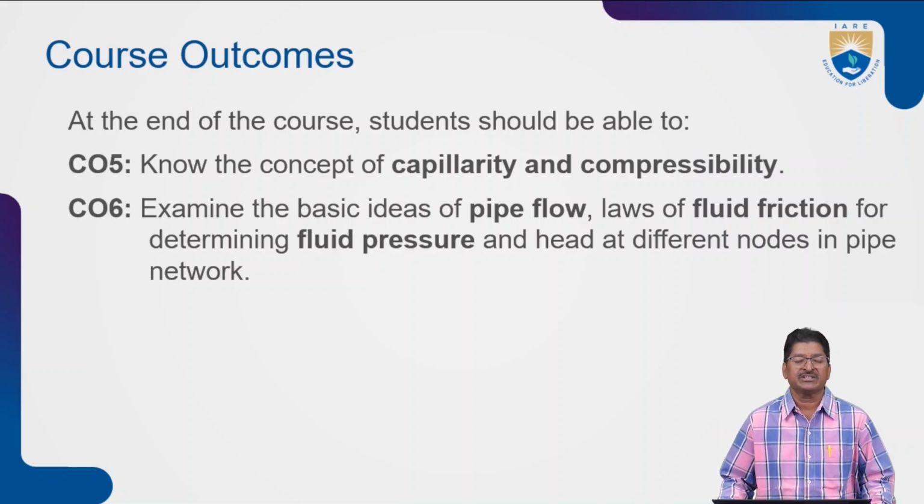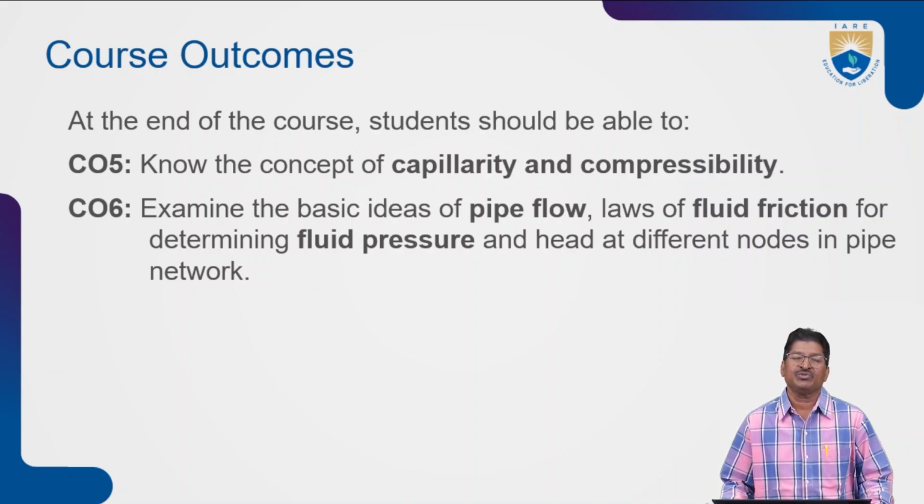Course outcome 6, the last course outcome, is the fluid friction or frictional losses or fluid pressure. Whenever the fluid is flowing inside a pipe, the internal surface of the pipe and the fluid have a contact surface. There, frictional forces will be developed, and due to that, energy will be lost.